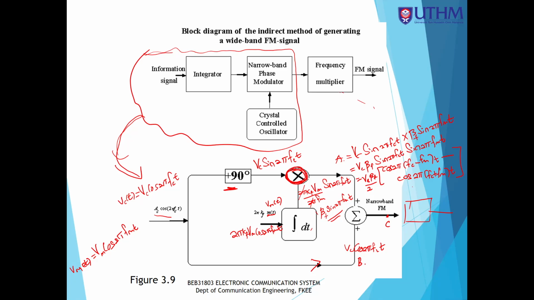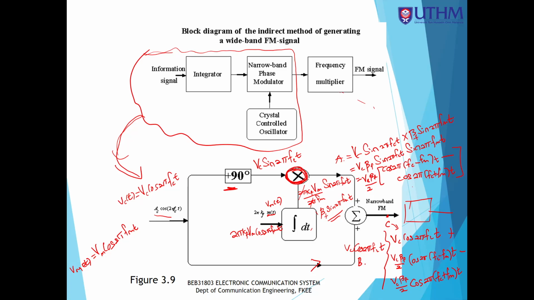So maybe I will draw, where should I put it? Maybe I can put it here. So at point C, it becomes Vc cos 2 pi Fc t plus Vc beta f over 2 lower sideband cos 2 pi (Fc minus Fm) t minus Vc beta f over 2 cos 2 pi upper sideband (Fc plus Fm) t.